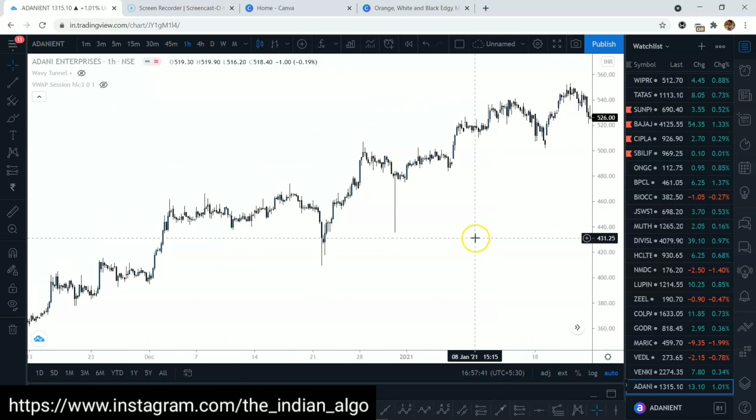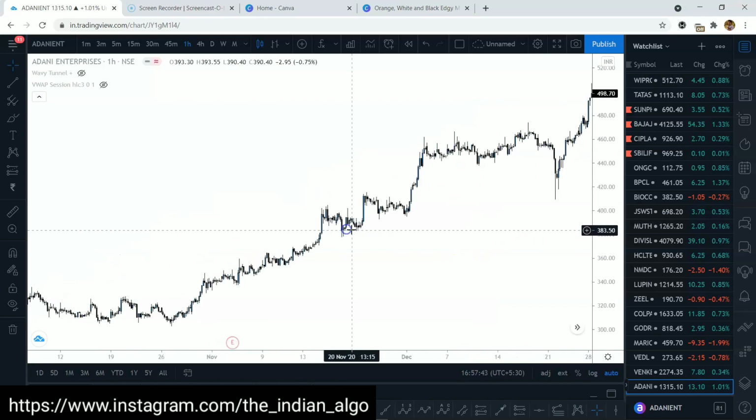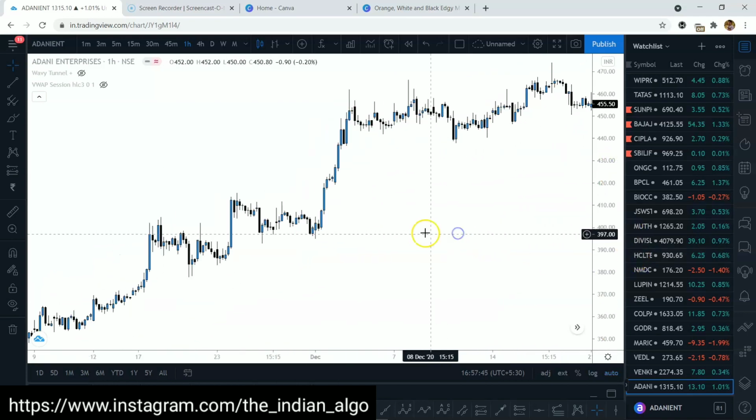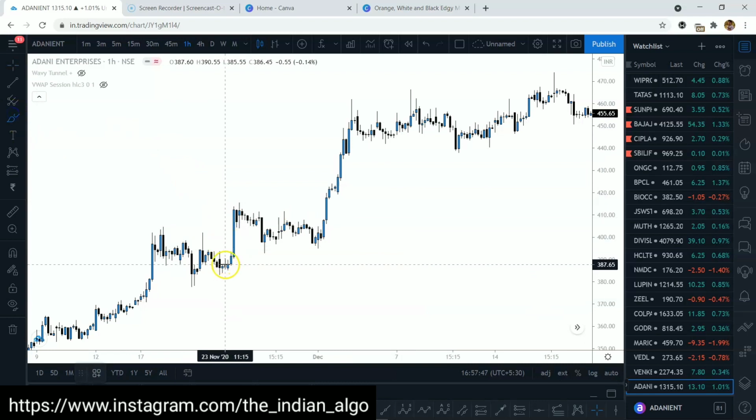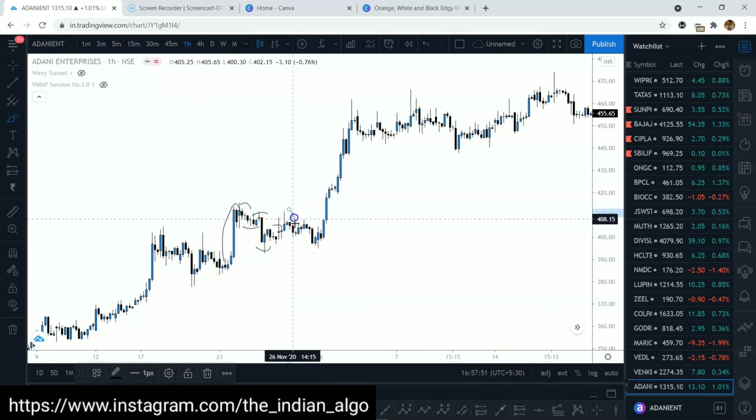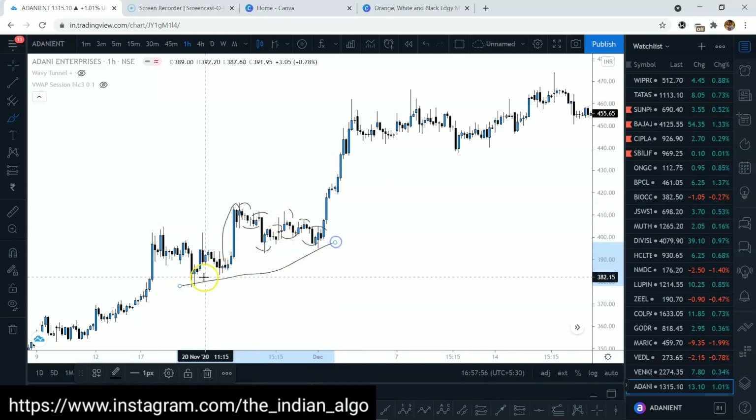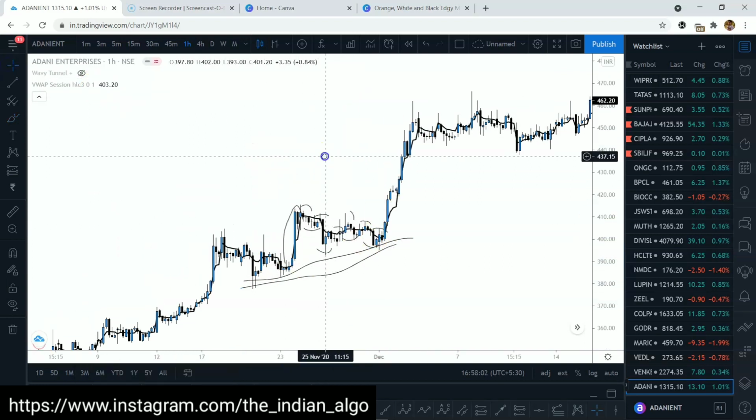All right, so I hope this video is helpful for you. Okay, so I'll have this particular example here that I can see. If we get this volatile move higher, we get these contractions. Again, if this contraction is taking support at the black EMAs on the 1 hour time frame, then you can definitely hold it for a swing trade. Let's see if we have it here or not.